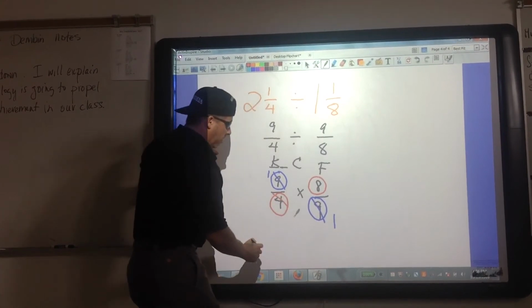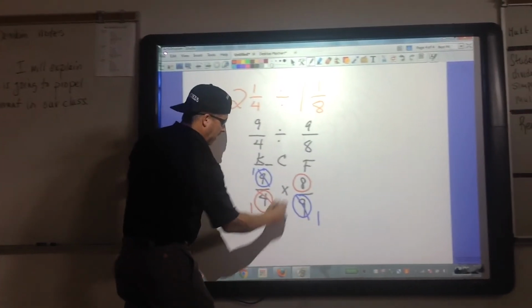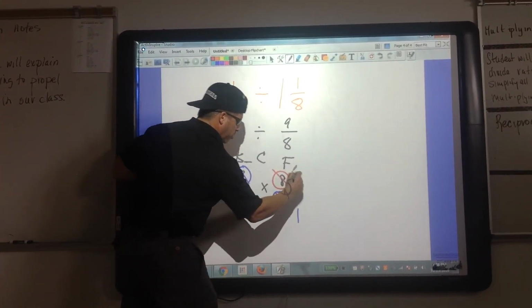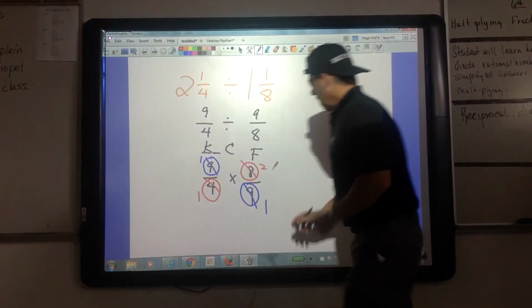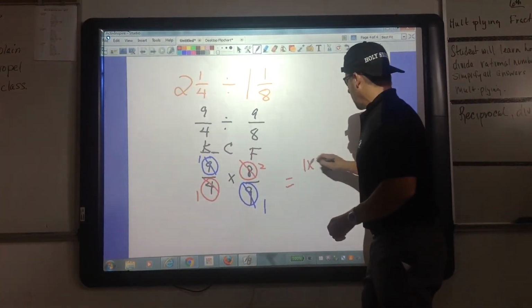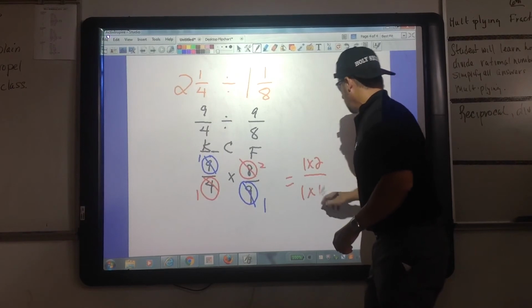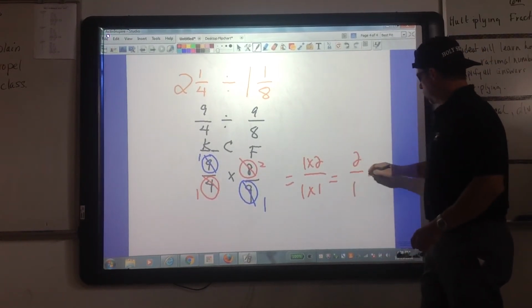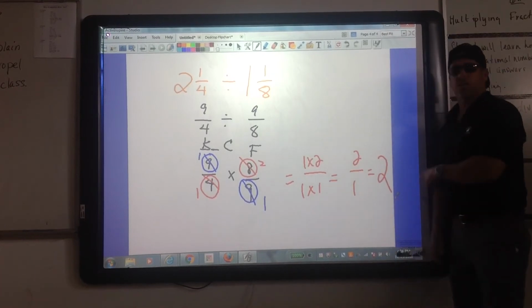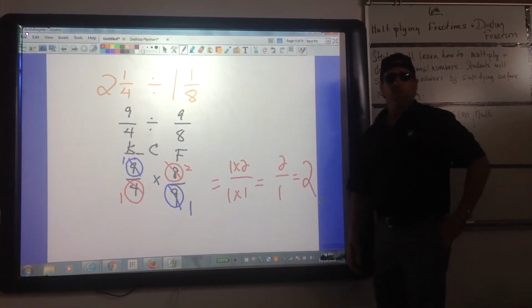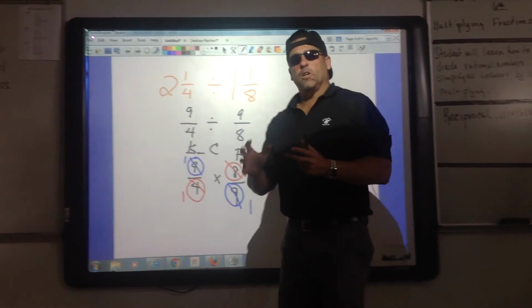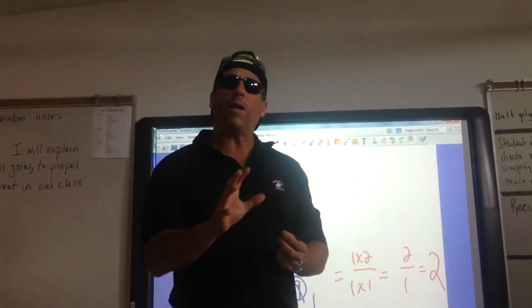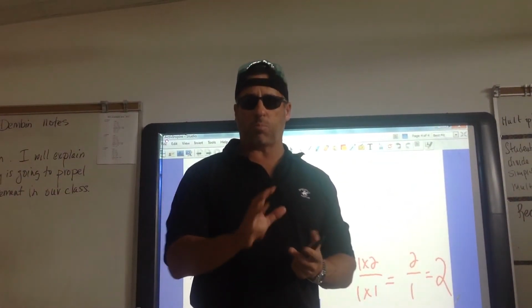4 goes into 4 once. 8 divided by 4, 2. So now I have a very simple 1 times 2 and 1 times 1. And I get 2 over 1, which everybody should know by now, is 2. So, in actuality, when you divide fractions, you end up multiplying by the reciprocal.